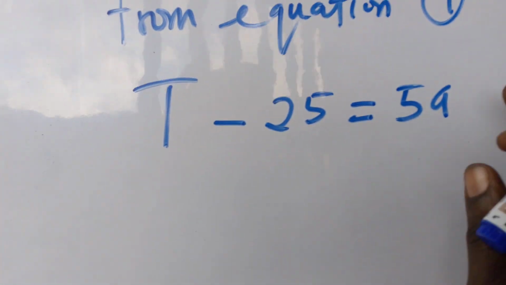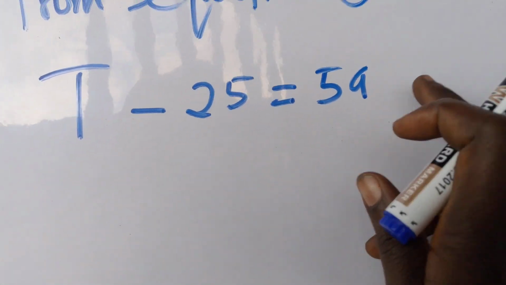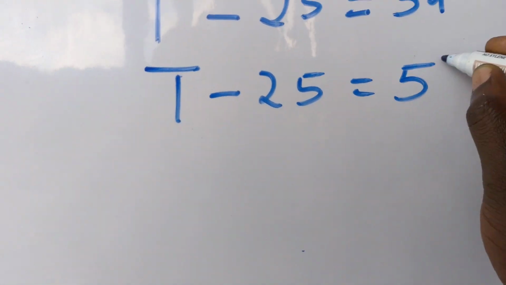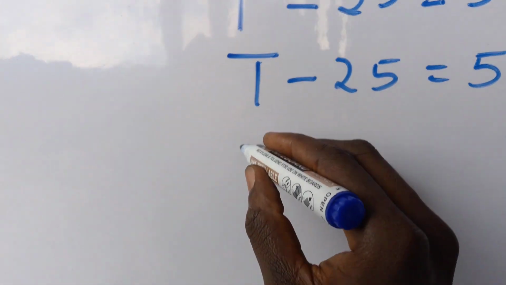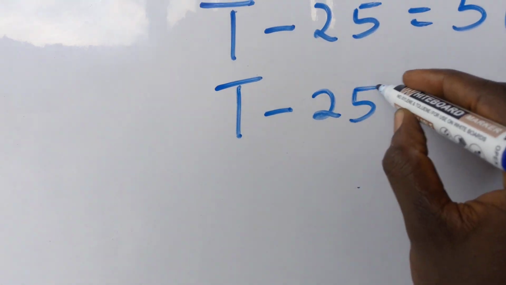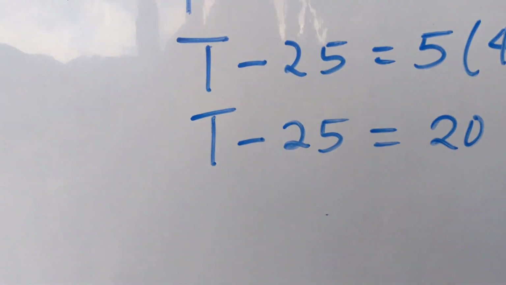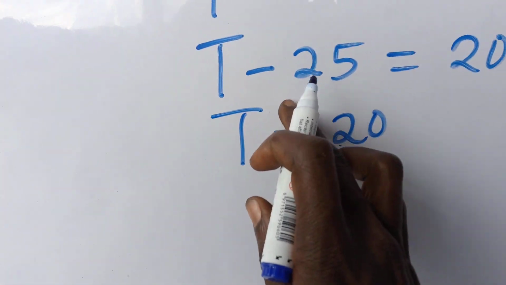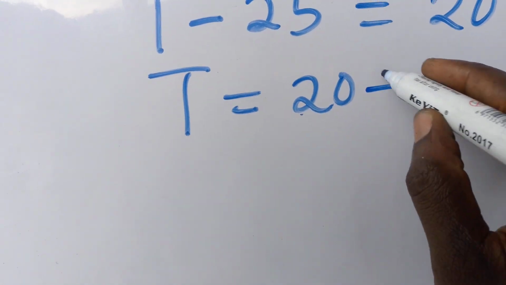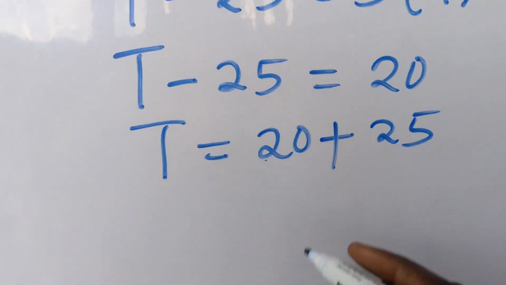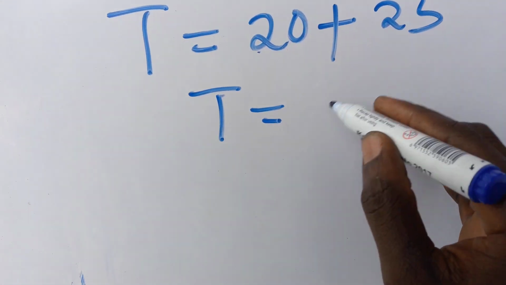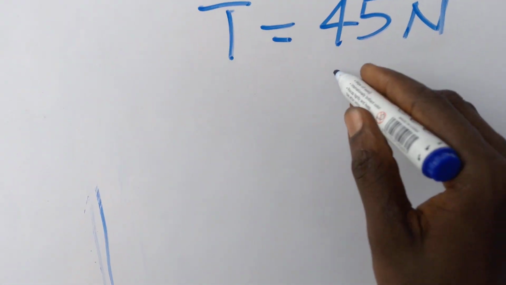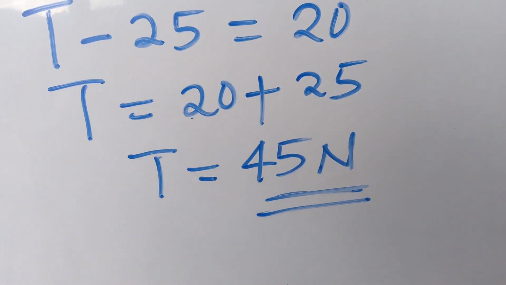If I substitute the value of a, which is 4, I'll have T minus 25 equal to 5 times 4, that is T minus 25 equal to 20. Taking this minus 25 over here, we'll have plus 25. So T is equal to 20 plus 25 is 45 Newton. I have my tension force as 45 Newton.